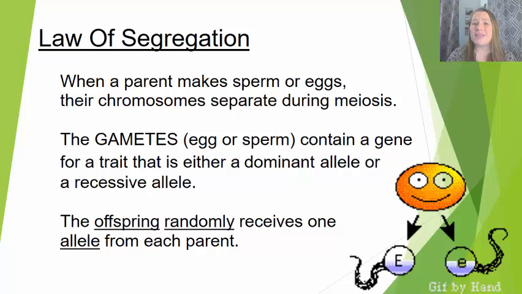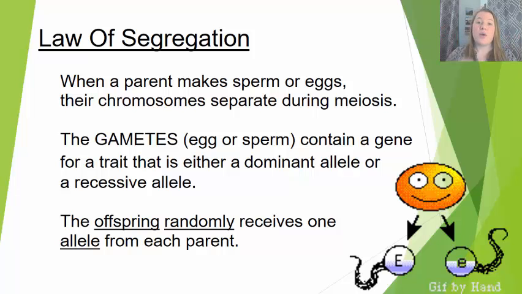Now again, the way that you inherit these traits is from the eggs and the sperm joining together to make that fertilized egg. But when the parent is making the sperm or the eggs, those chromosomes are randomly separating during meiosis. So those gametes contain one version of the dominant or the recessive allele depending on what that parent had.